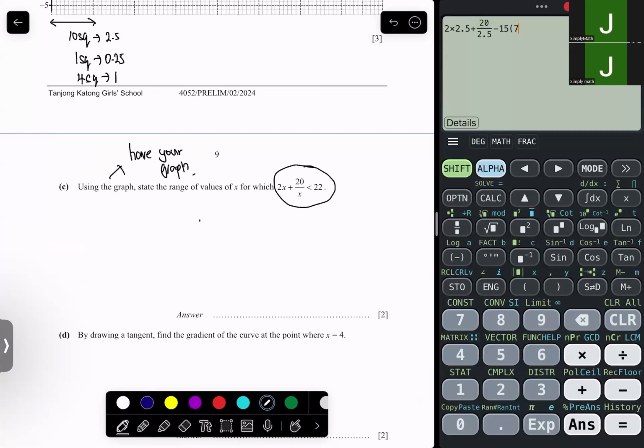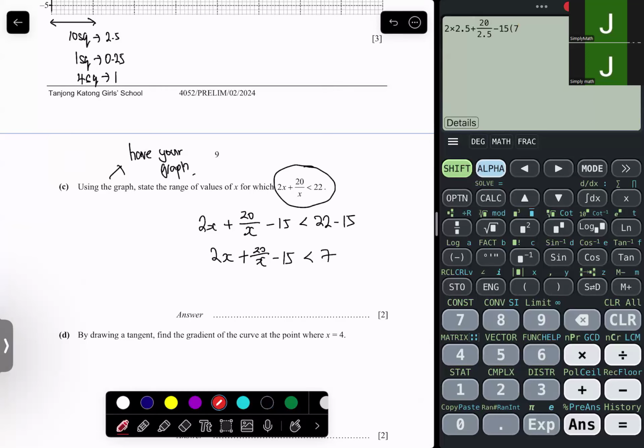But the equation of my graph is 2x plus 20 over x minus 15, so this will be less than 22 minus 15. So 2x plus 20 over x minus 15 is less than 7.